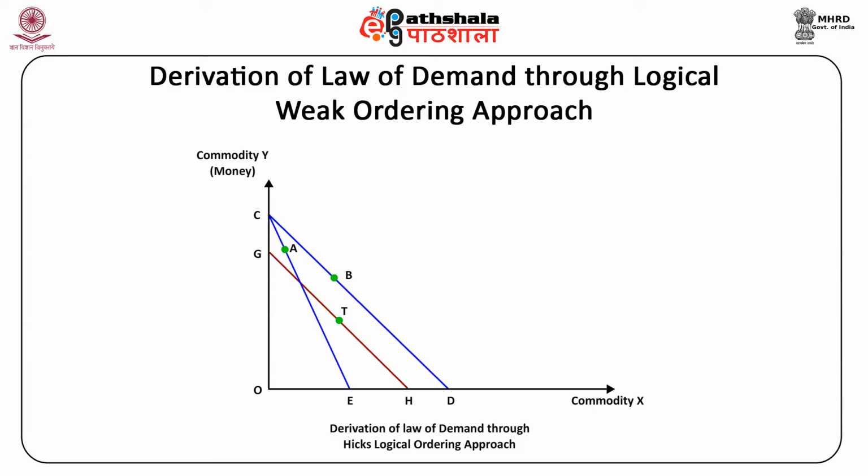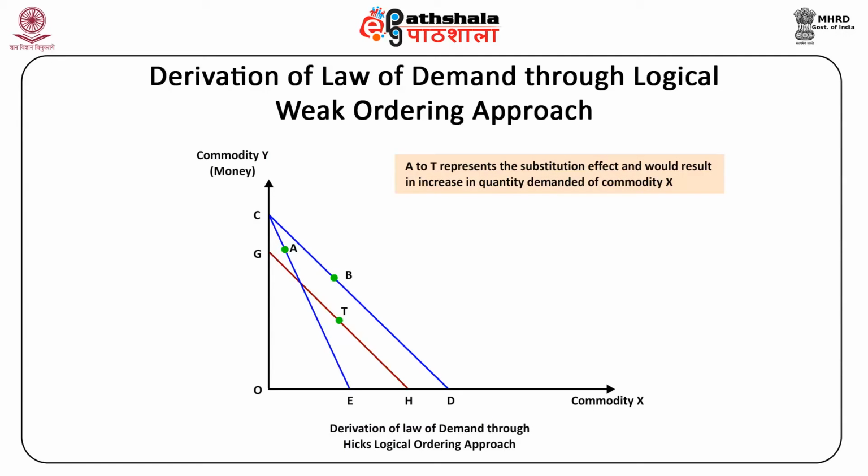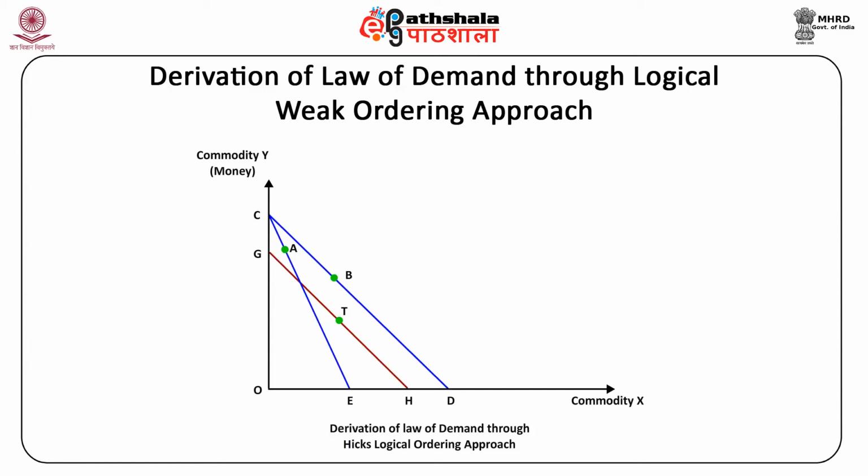It is shown in figure when the income is reduced by compensating variation, the new price income line GH intersects the CE line below the combination A. On the new price income line GH, the actual chosen combination is T. The movement from A to T represents the substitution effect and would result in the increase in the quantity demanded of commodity X. Let us see the income effect now.